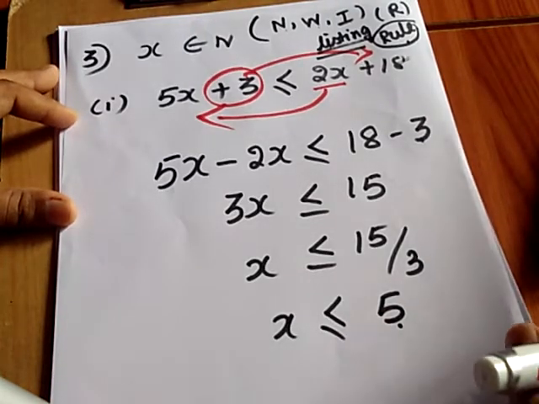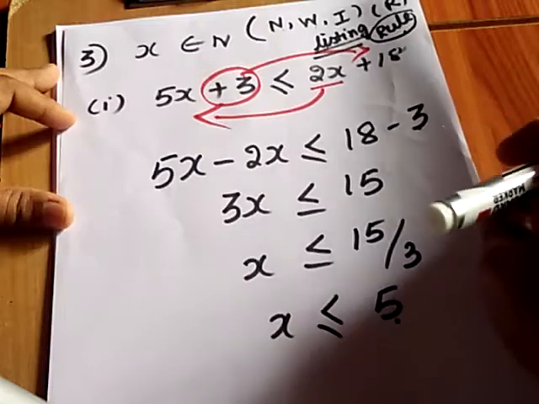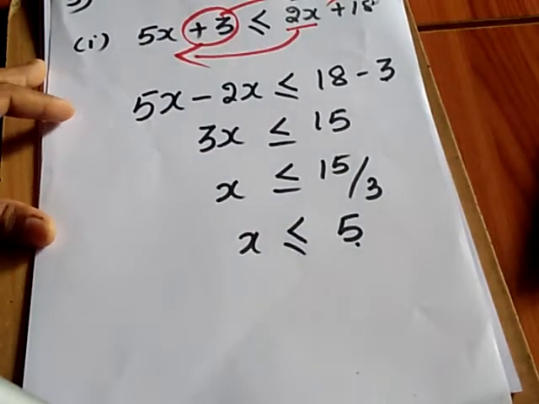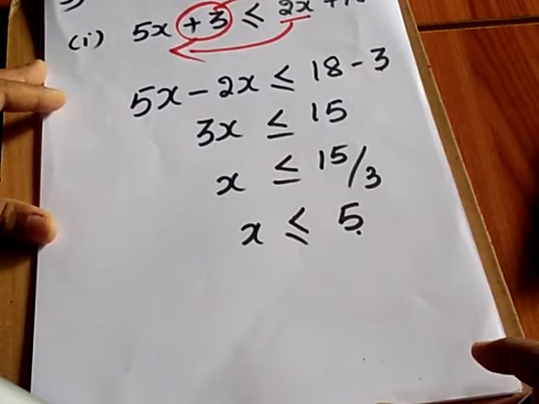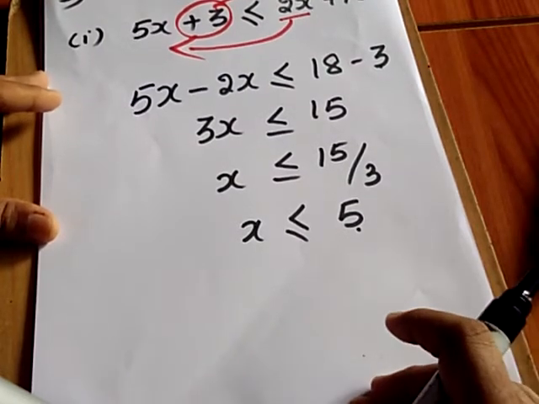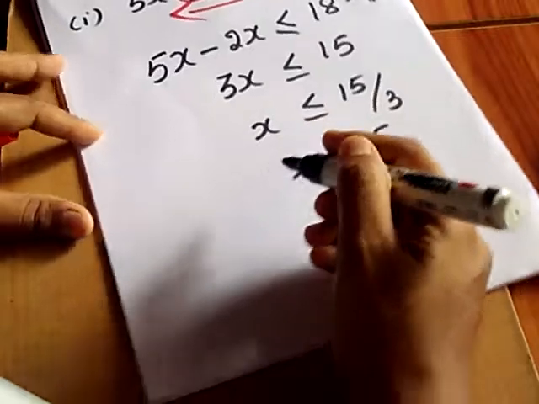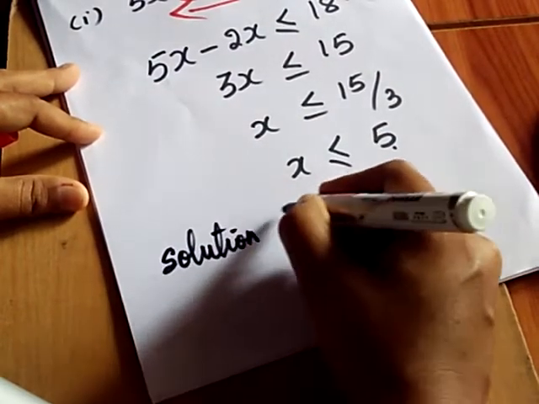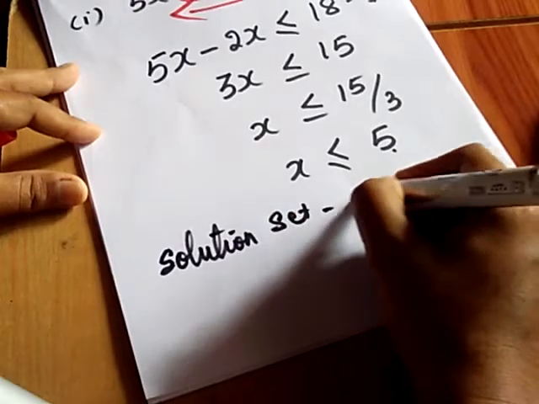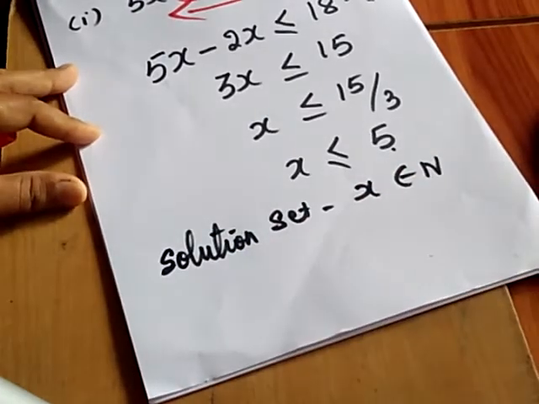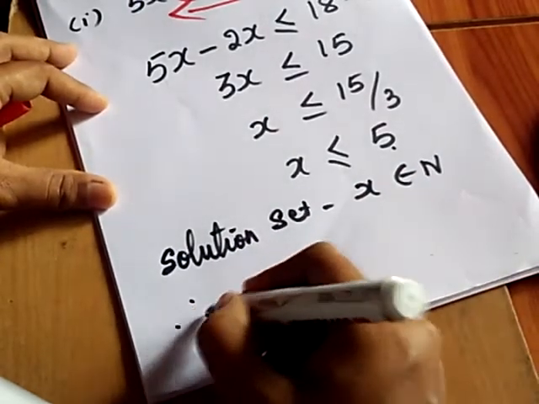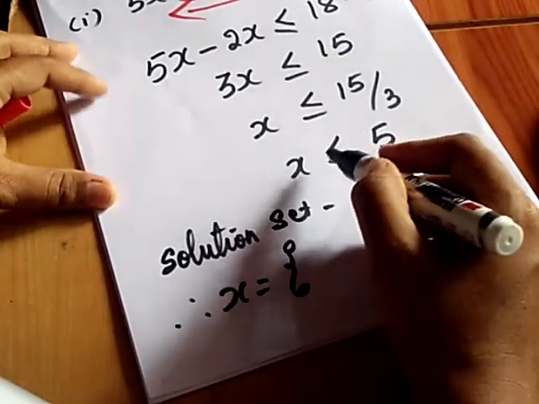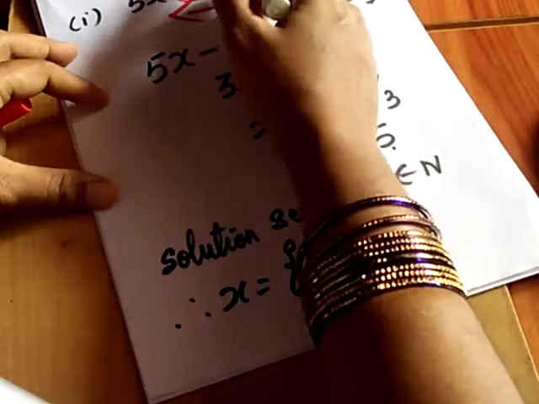So how we find the solution for equations, the same way we need to do here also. There are not many changes. But when we are shifting negative values, we need to apply the rule. So here the solution set is very important. Let us write the solution set where x belongs to natural number. So x is equal to, what is the condition, children? x is a natural number.